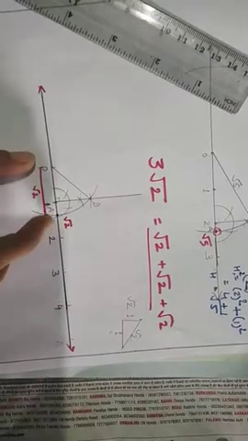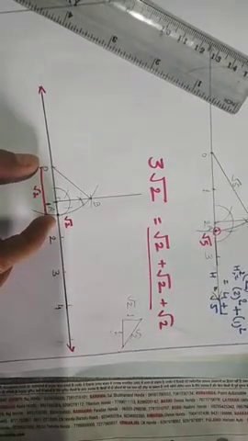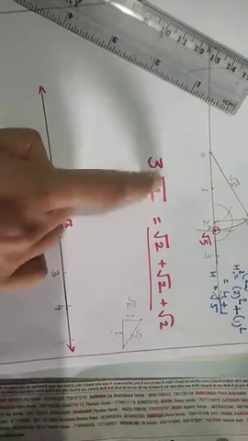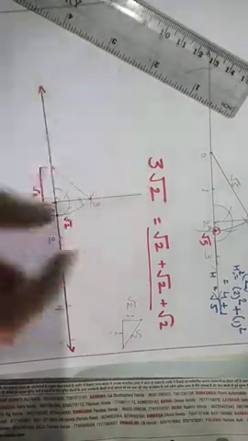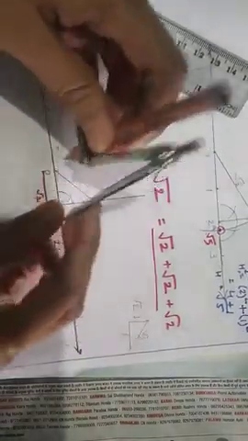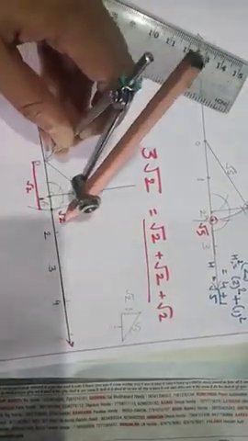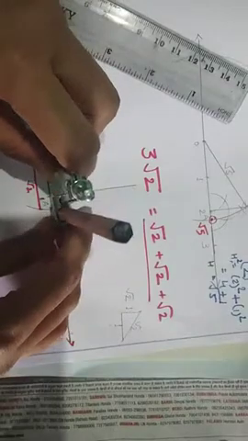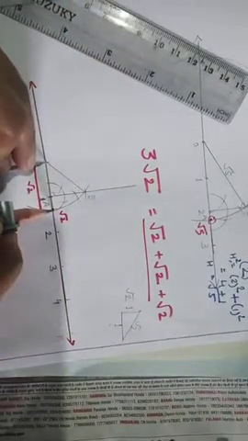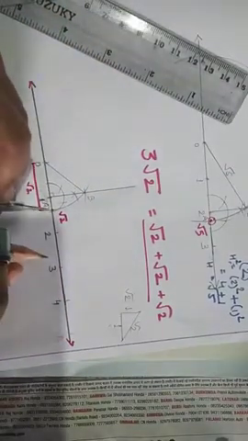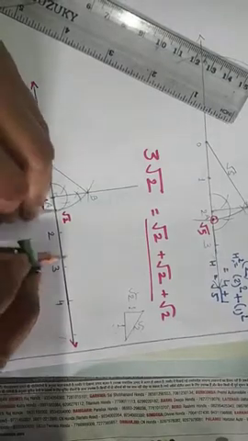So if this distance is under root 2 and we have to draw 3 root 2, 3 root 2 means we will take under root 2 three times. Same distance we will take 3 times and cut an arc. This distance is under root 2. Now again we will put our compass here and cut an arc.